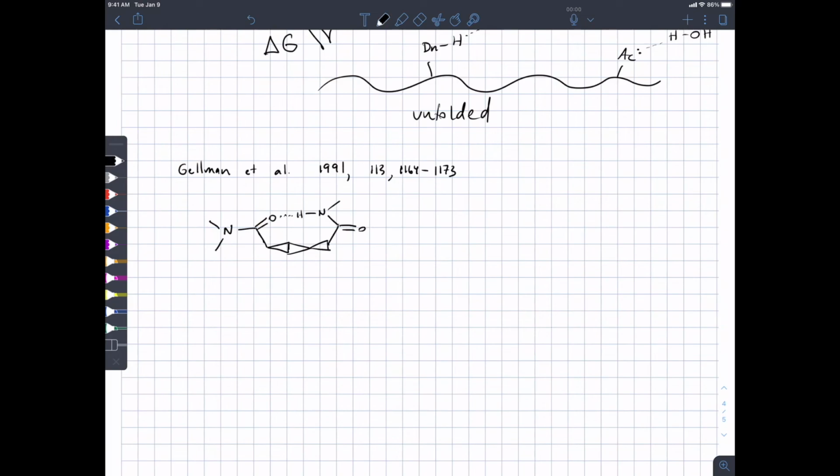They learned that in chloroform, a nonpolar solvent, right? If this were in water, you'd get an entirely different result. The enthalpy of the interaction was probably minus 1.6 kilocalories per mole, and the entropy was like minus 6 calories per mole per Kelvin, and you could calculate delta G as a result.